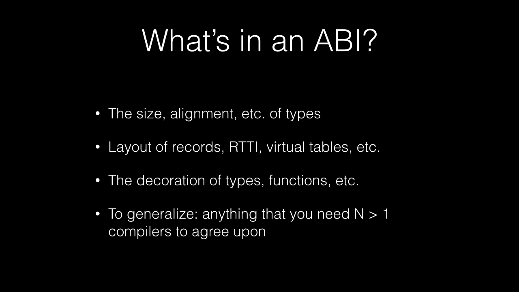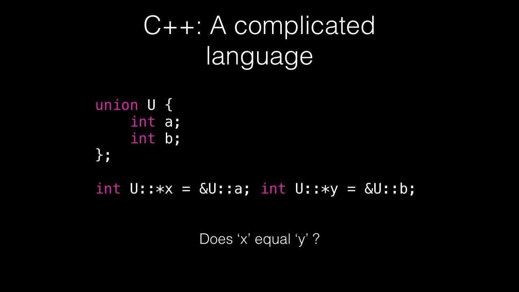It can be something that you think is very unimportant, but to the compiler it actually might mean quite a great deal. And the complexity of your ABI is pretty closely related to the complexity of the thing it's trying to represent. And for us in Clang, we have C++, which is actually a little complicated.